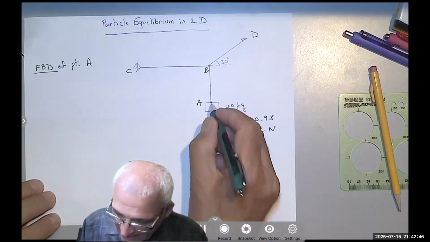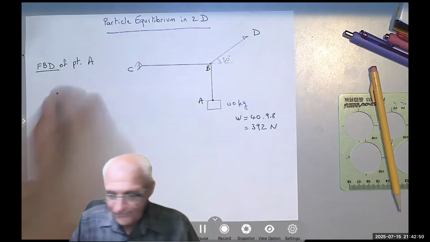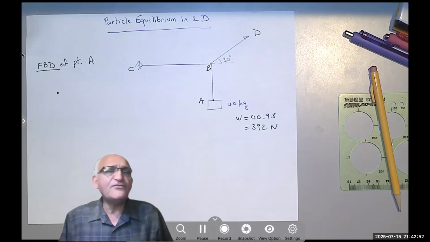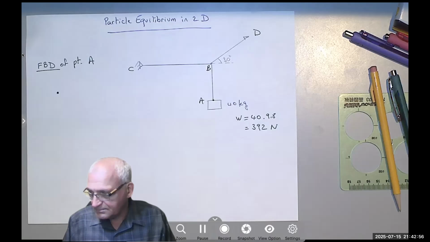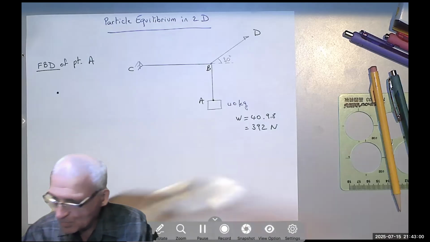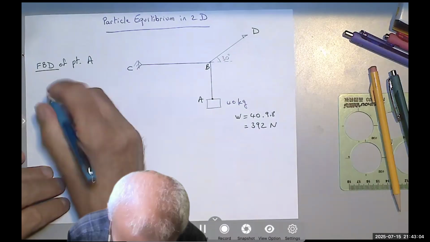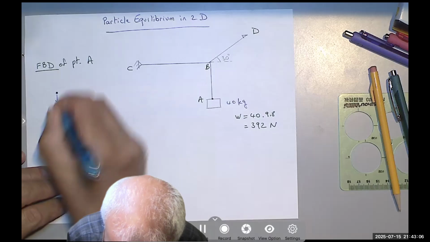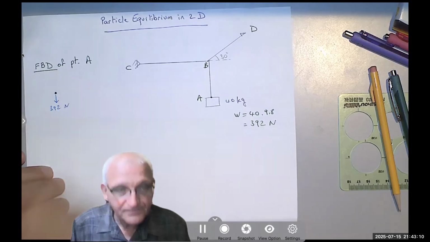So now if I look at this point and take it away and free it from the body, how many forces act on it? If you say 2, you would be correct. Two of them. One of them is the weight going down, of magnitude 392 Newton.